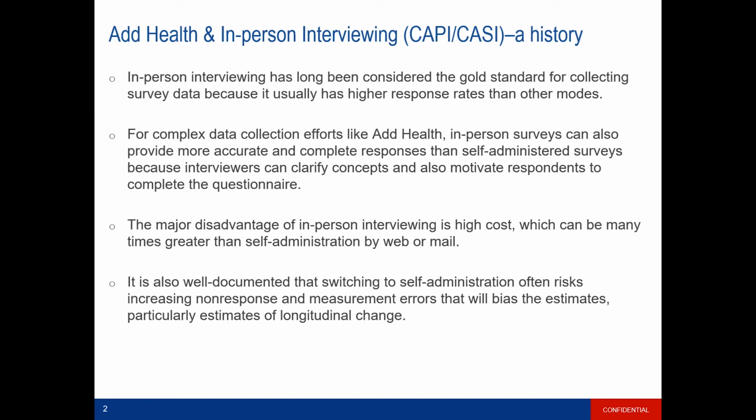For complex data collection efforts like Ad Health, in-person surveys can also provide more accurate and complete responses than self-administered surveys because the interviewers in the home can answer questions, clarify concepts, and motivate the respondents to complete the questionnaire.